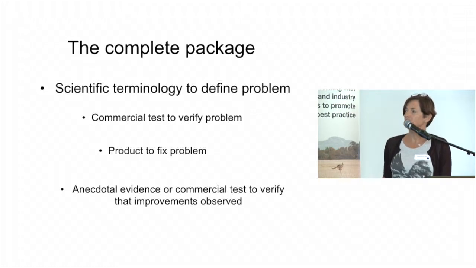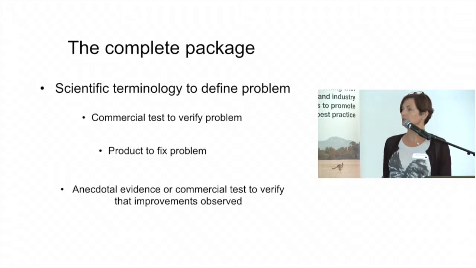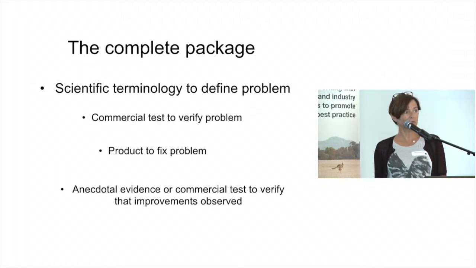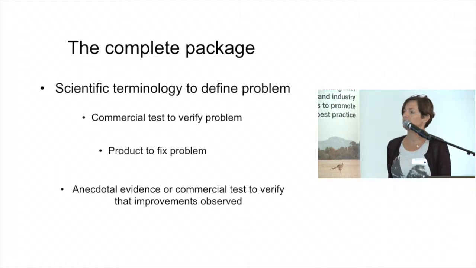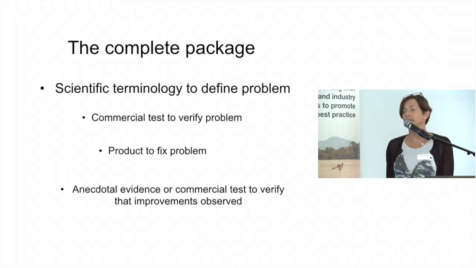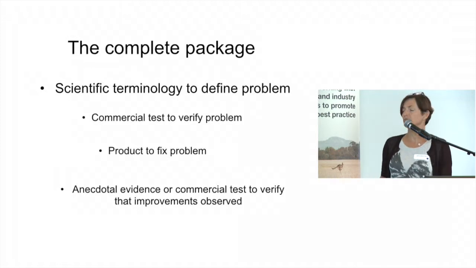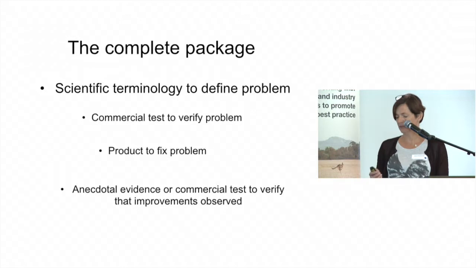We often get the commercial test to verify the problem, so that's good. We then find that there's always a product to fix the problem, or there might be a product to fix the problem. And then we have either anecdotal evidence or a commercial test to verify that the improvements have occurred. So this is usually how it rolls out.